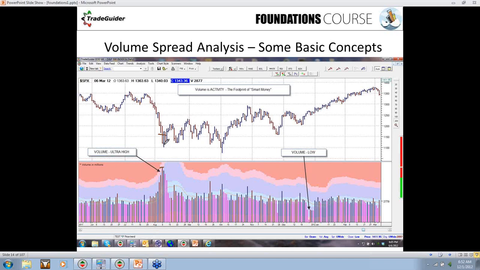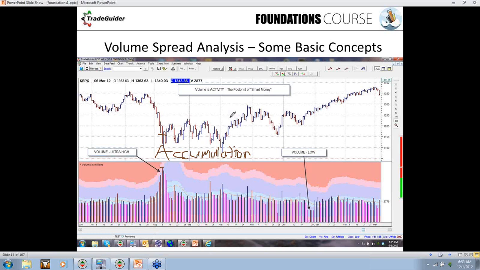What's actually happening here is what we call the start of accumulation. Now, there are two things you should write down which are important. Number one, professionals accumulate at lower prices.